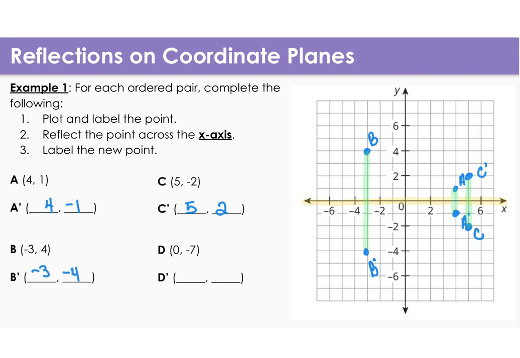0, -7. So we're down here. That's D. And I am 7 away. So that means I need to be 7 away in the opposite direction.